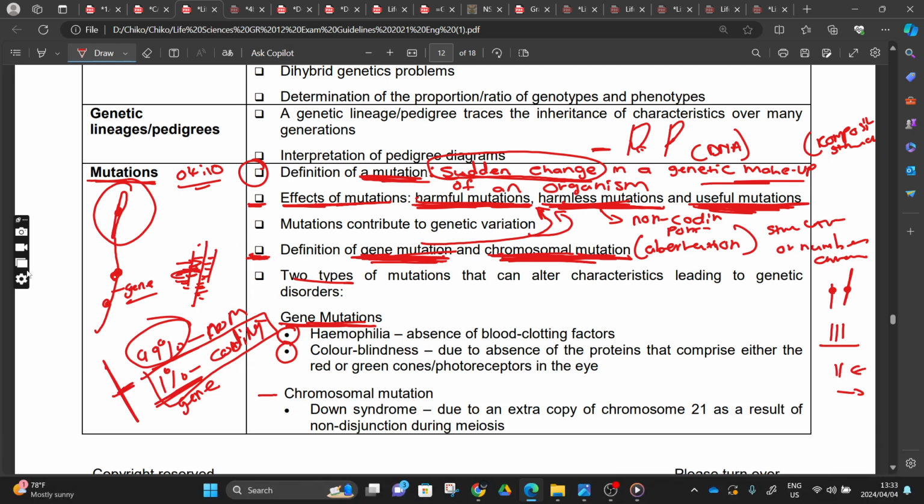Do you understand? Like me being black, I can survive more in Africa compared to a white person who doesn't produce that melanin pigment, right? It means that if that was due to a mutation, that mutation is going to be useful to me, right? And then some bacteria or cockroaches, you know that when you use Doom today, tomorrow you use Doom, they are no longer going to die, right?